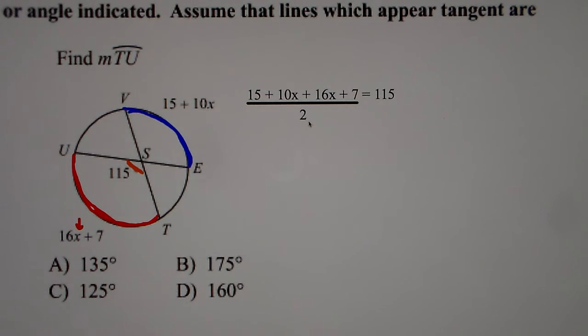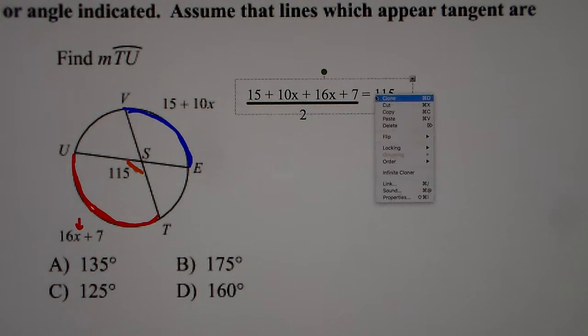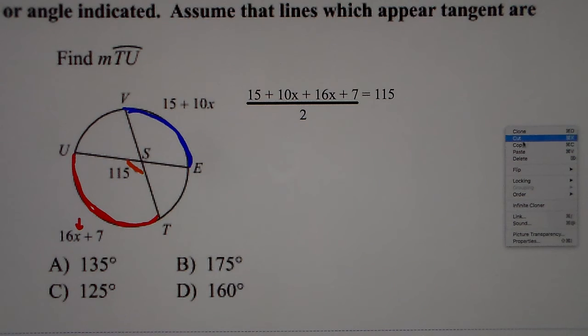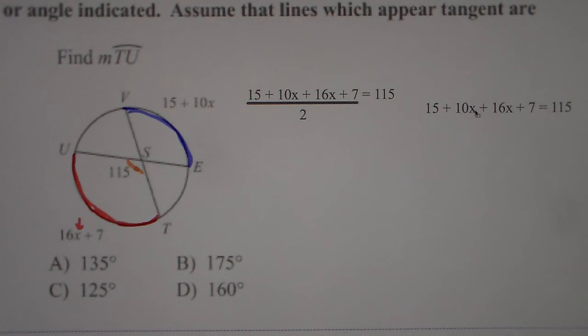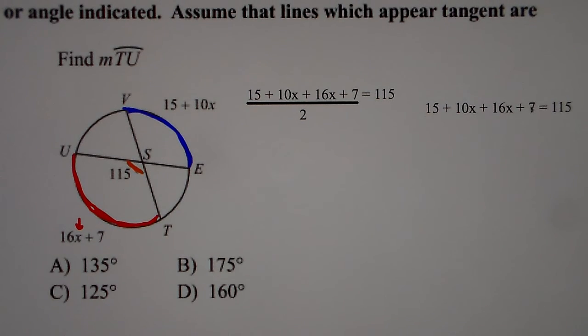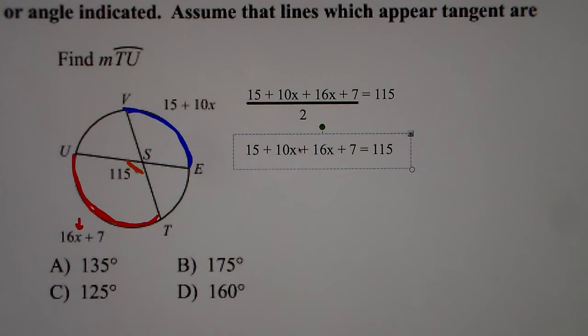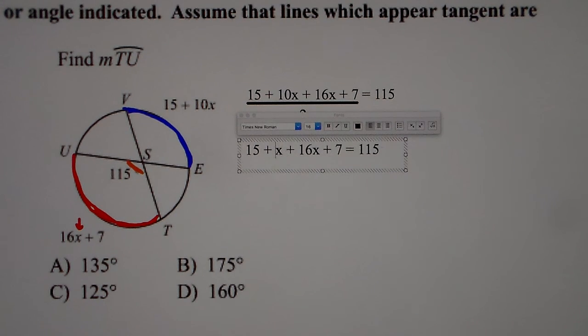We do our inverse operations and combine like terms, so we multiply by 2 to both sides. I'm going to do some shortcuts here on the computer. So I combine like terms, so we get 26x, and 7 plus 15 gets us 22. Then I doubled that outside, so 115 times 2 gets you 230.